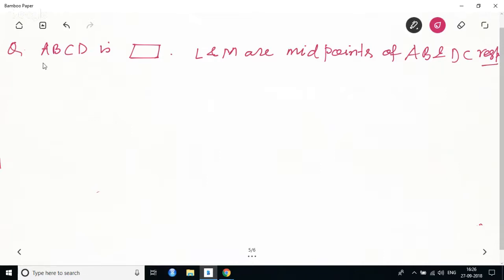And a relationship has been given here, which is AL is equal to CM. We have to prove that LM and BD bisect each other.